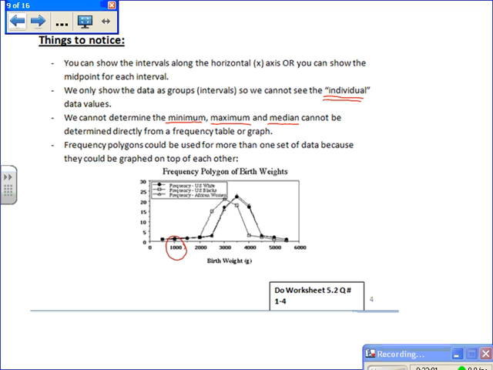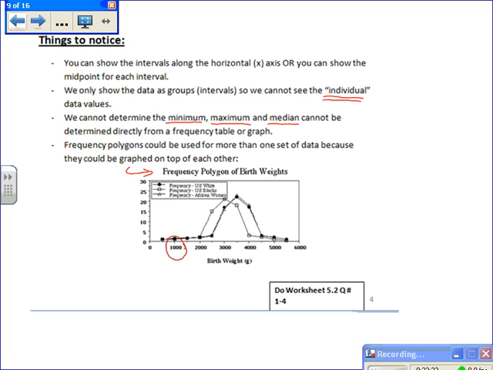Frequency polygons are really useful for us because we can use them on more than one set of data, and we can graph them on top of each other. Here's an example down below where there are three frequency polygons graphed on top of each other, showing us the weights of babies when they're born.